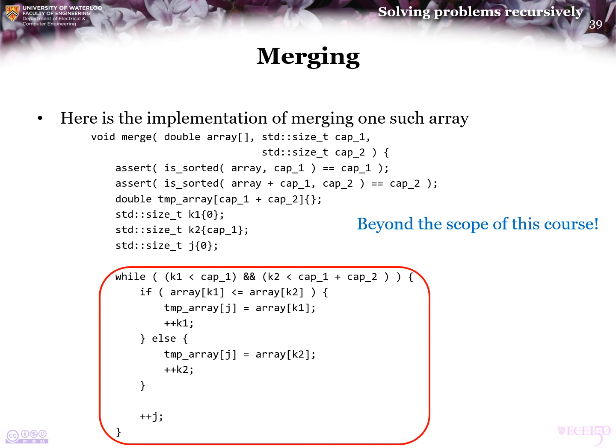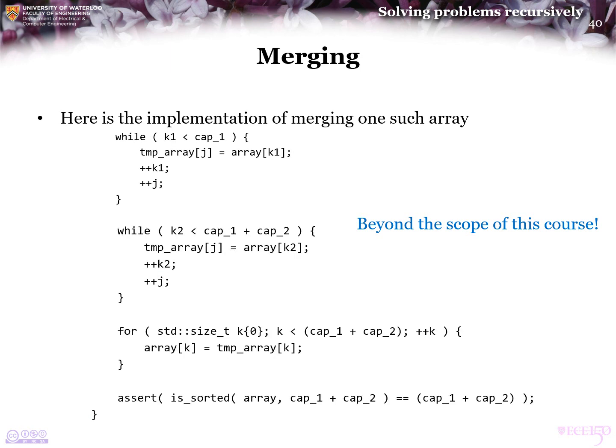If we copy from the first half, we increment k1. If we copy from the second half, we increment k2. In both cases, we increment the index into the temporary array. Now, this while loop will halt as soon as one of the two indices is beyond the corresponding entries of that array.